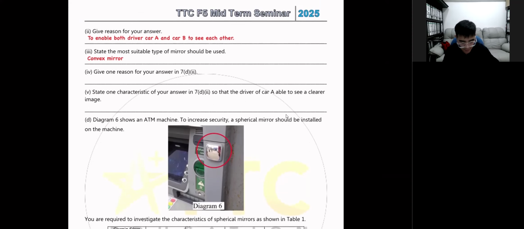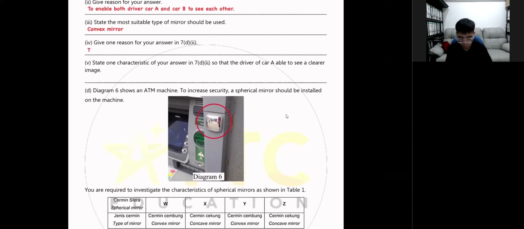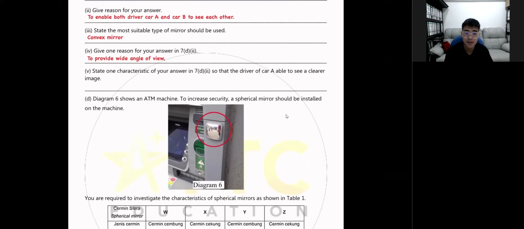Remember just now we answered the advantage of a convex mirror, even though convex mirror only produces smaller image, convex mirror provides wide angle of view. So that's why we use the convex mirror.